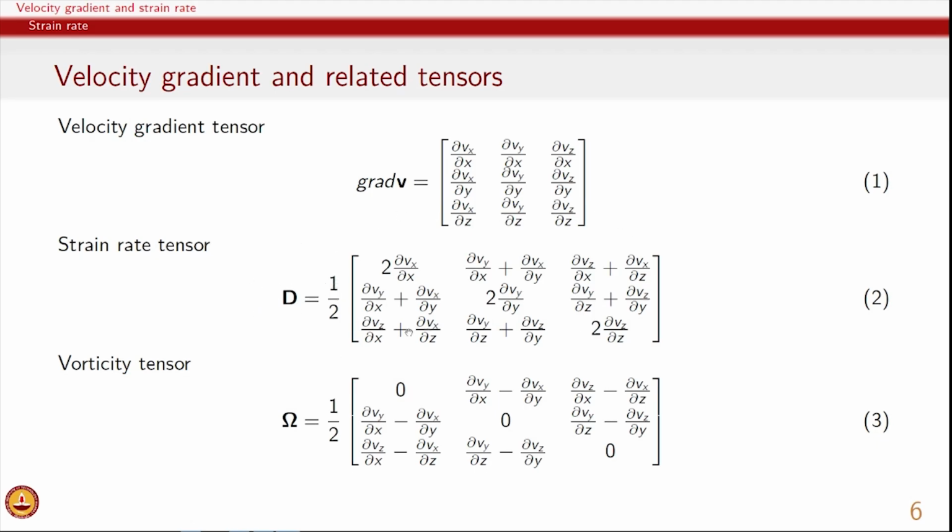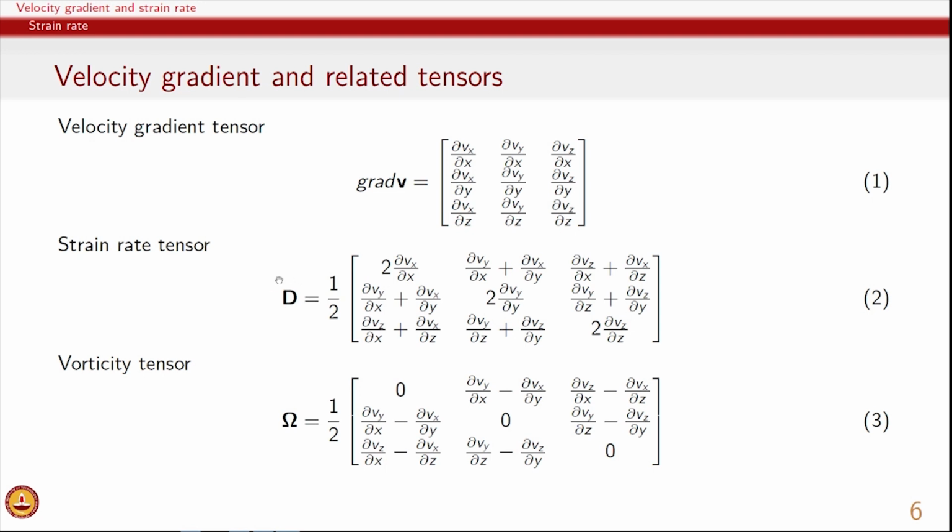All the components in this tensor tell us about deformation. The diagonal components tell about stretching or extension and compression, and the off diagonal terms tell us about shear. When we subtract the gradient of velocity from its transpose, the diagonal terms all go to 0, and what we have are terms very similar to curl of velocity. So this vorticity or spin tensor tells us about the local rotation.